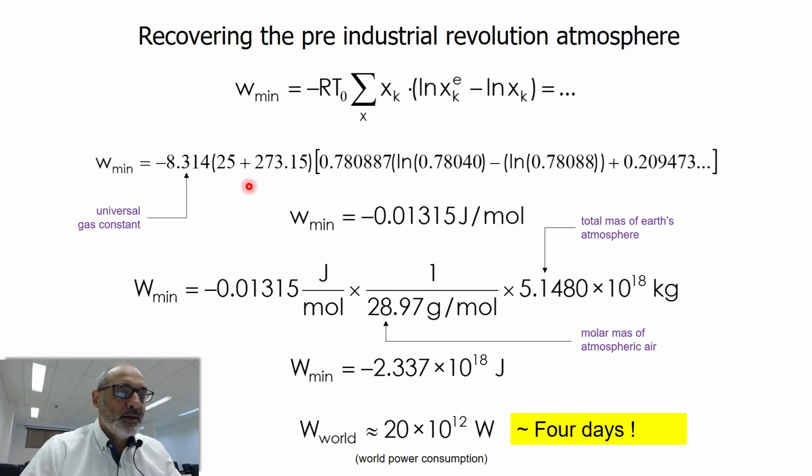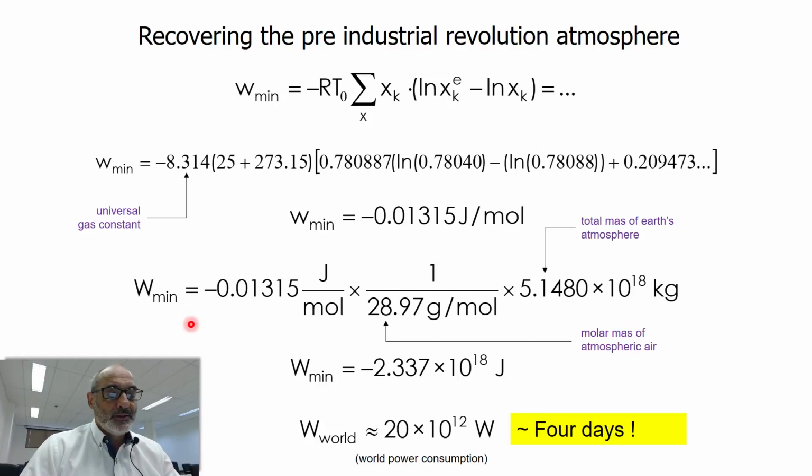We're doing everything at room temperature, 25 degrees, times the concentrations, plural, okay, 0.78088, okay. The formula goes on, it's very long, so I didn't bother to write it down. We get this number. Okay, so the minimum amount of work for this process is minus 0.01315 joules per mole, and this is per mole of atmosphere, okay.